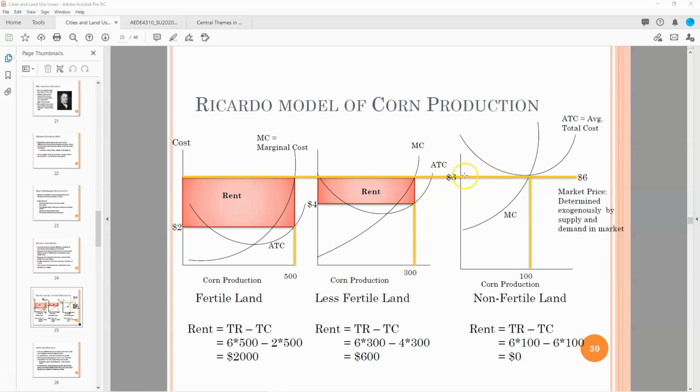As we can see, the total revenue and the total costs are exactly the same. That means the profits are 0 for non-fertile land, and that also means the land rent is equal to 0 for the third graph.